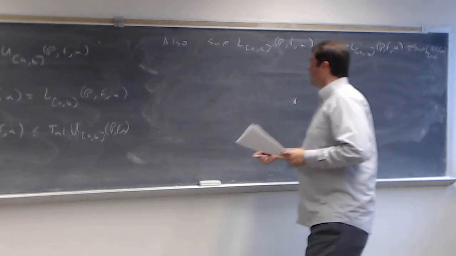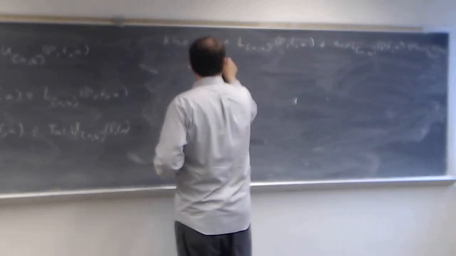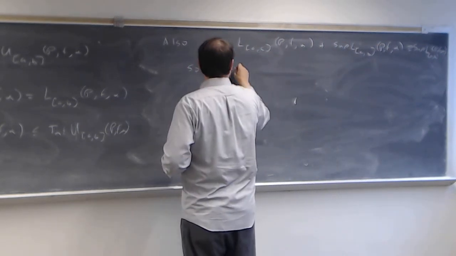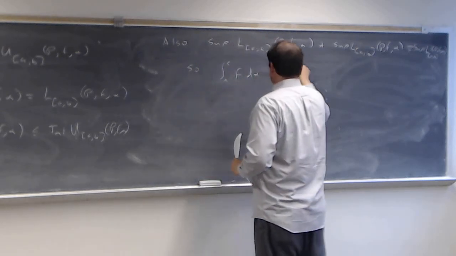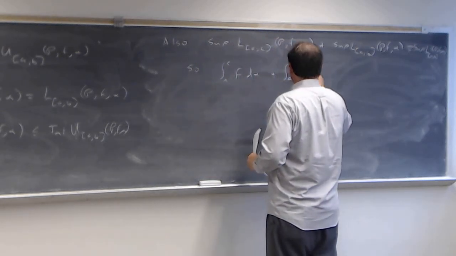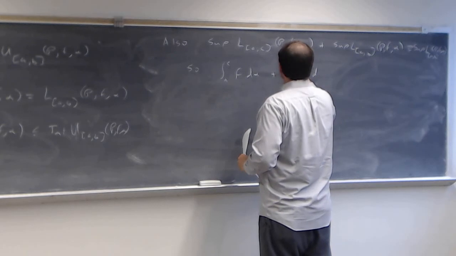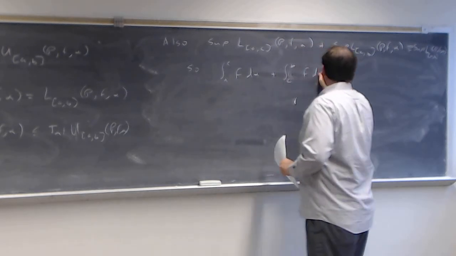Okay. And so this is the integral from A to C of F d alpha plus the integral from C to B of F d alpha.